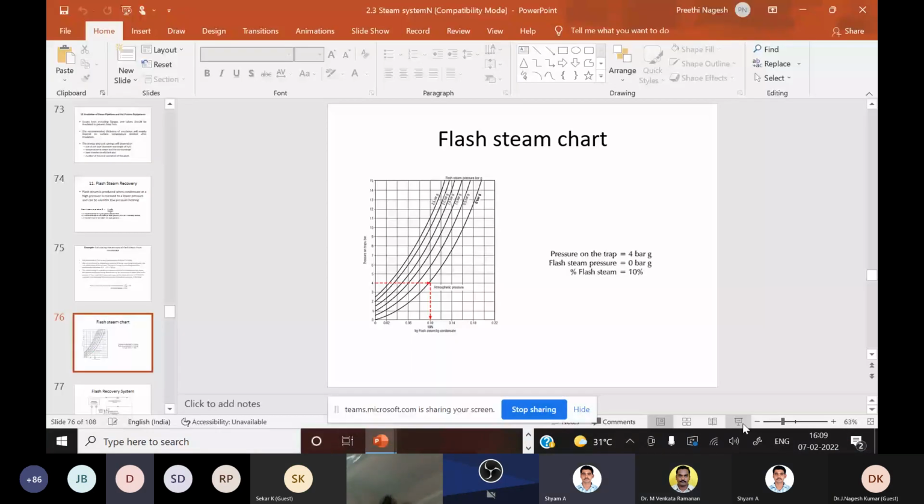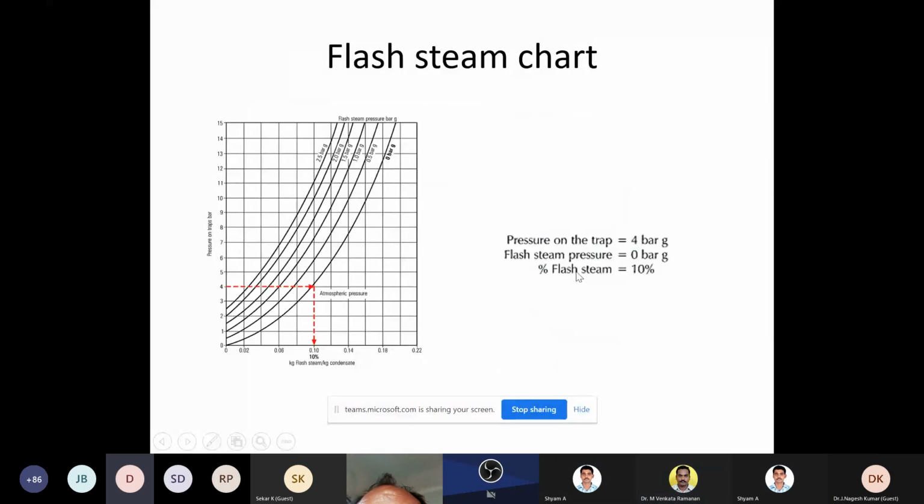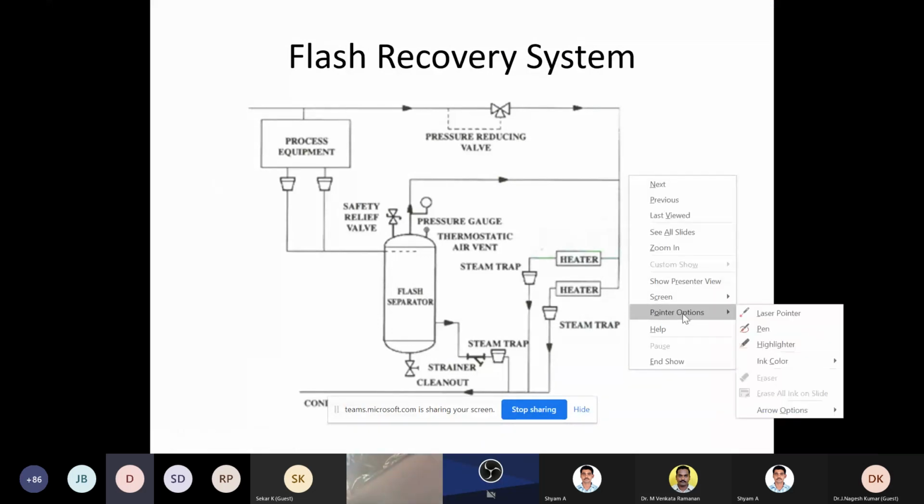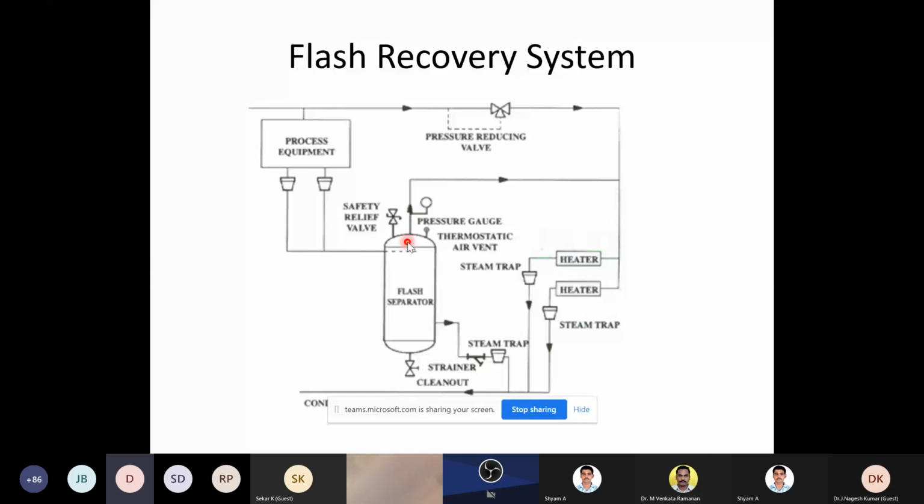Visible, sir? Yes, sir. Right. So we were looking at the flash steam. This is called a flash vessel. In a process equipment, let us say we have condensate coming from different process equipment.